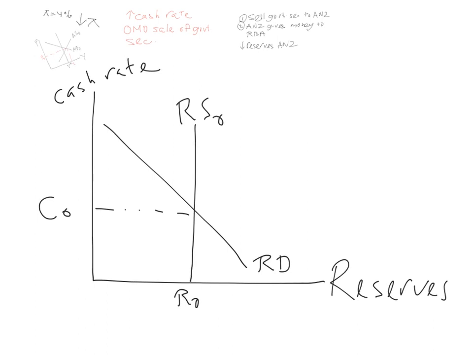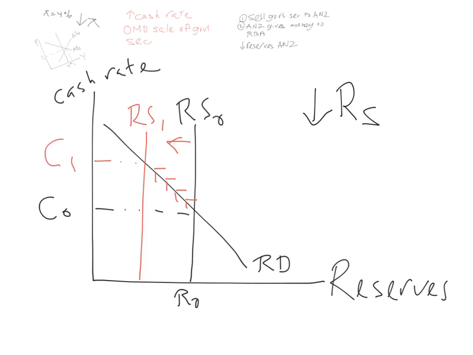The Reserve Bank of Australia sold government securities to ANZ. ANZ gave them money, so they have less reserves available. Fall in reserves. That is going to be denoted by a shift in. You move up to your new equilibrium. The cash rate rises to C1, and ANZ has less reserves available.